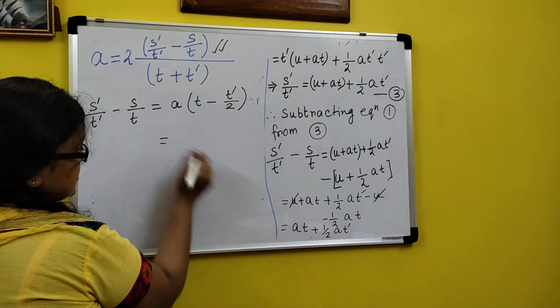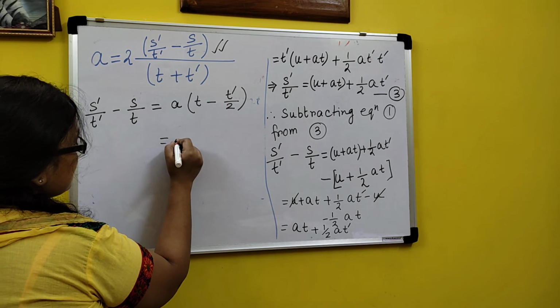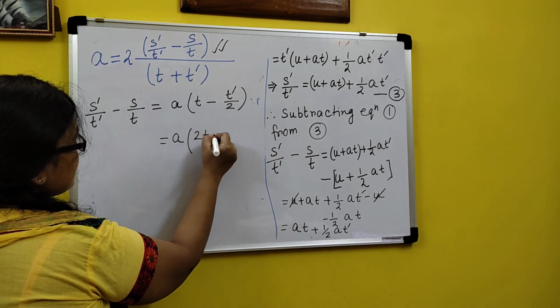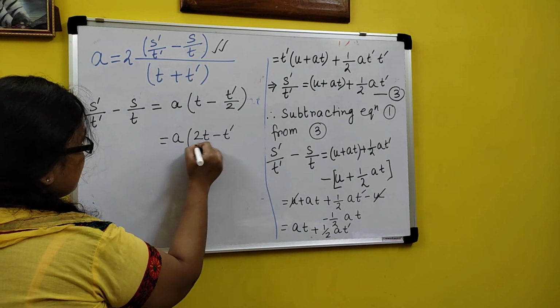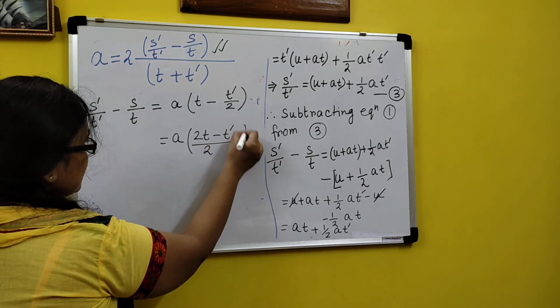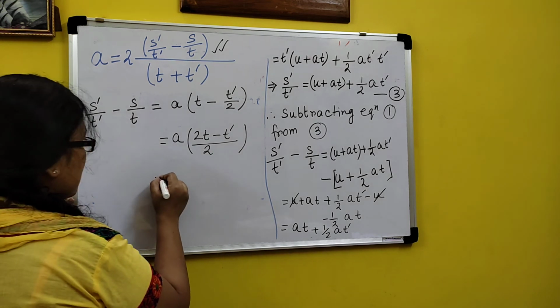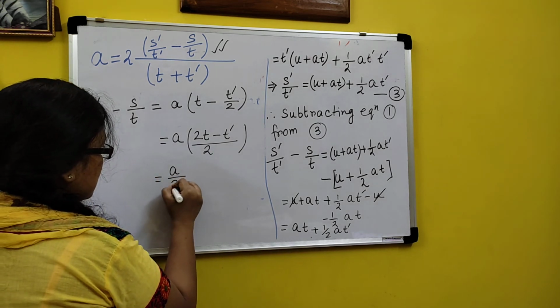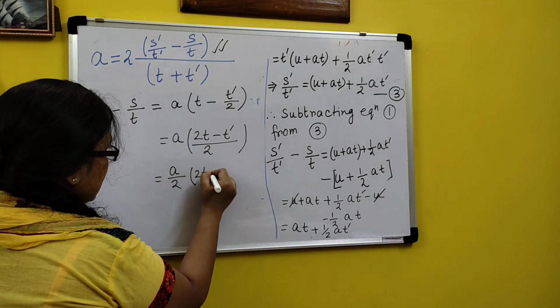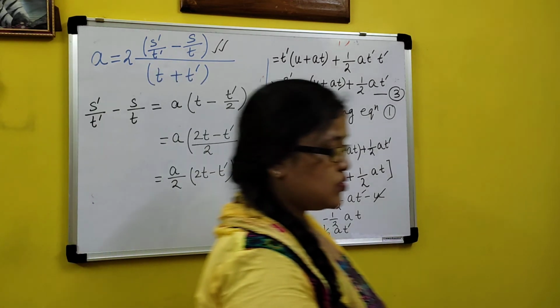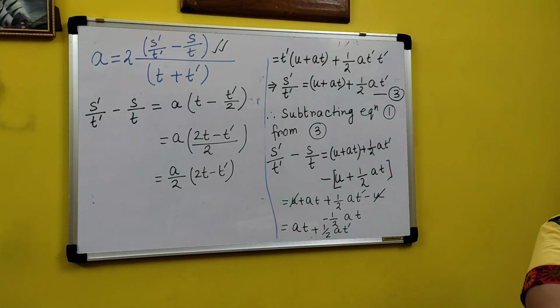Now t minus t prime by 2 can be written as a into 2t minus t prime by 2 without any confusion. So that can be written as a by 2 into 2t minus t prime.